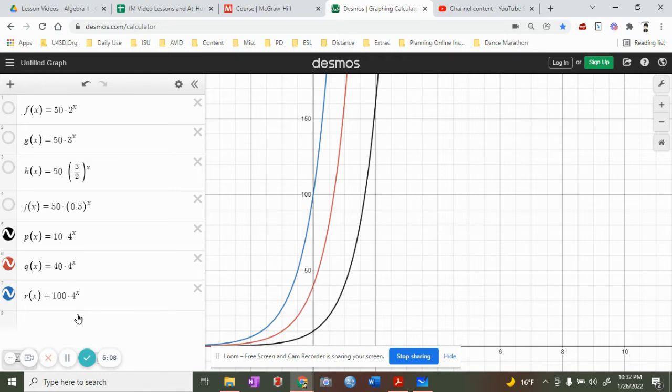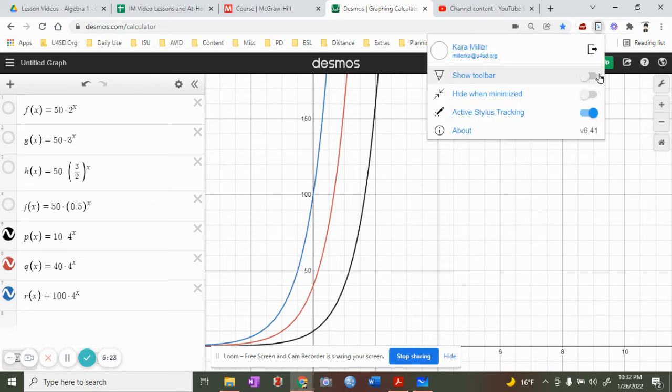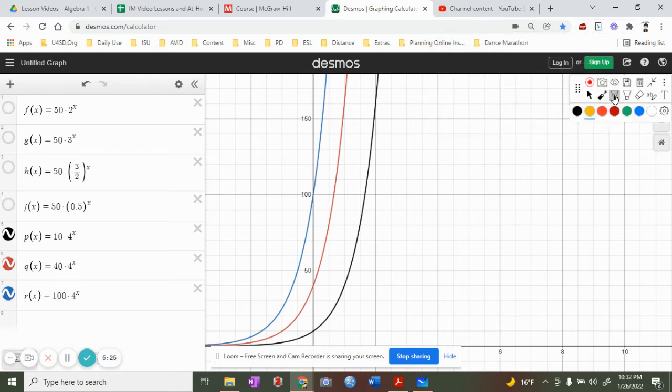So our multiplier is 4. 10, 40, and 100 are the different starting values or intercepts we have. So here we're looking at a starting value at 100, at 50, at 40 and at 10.